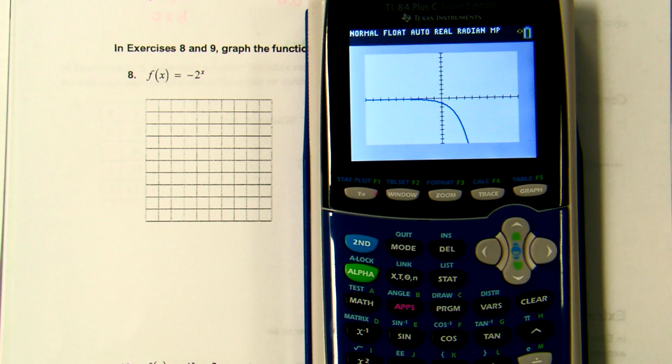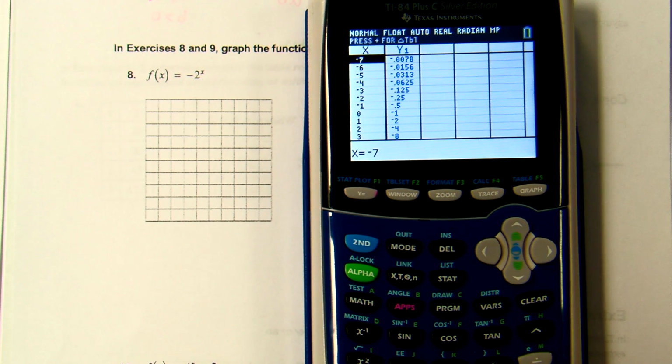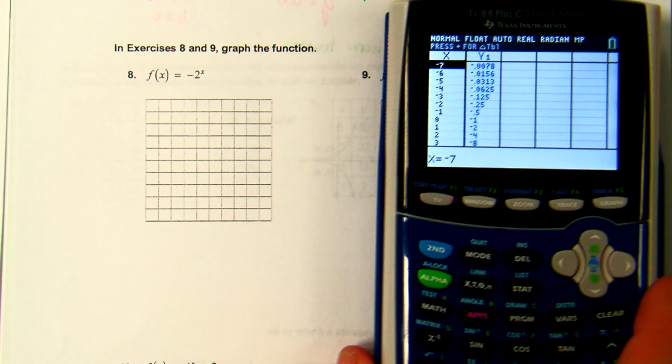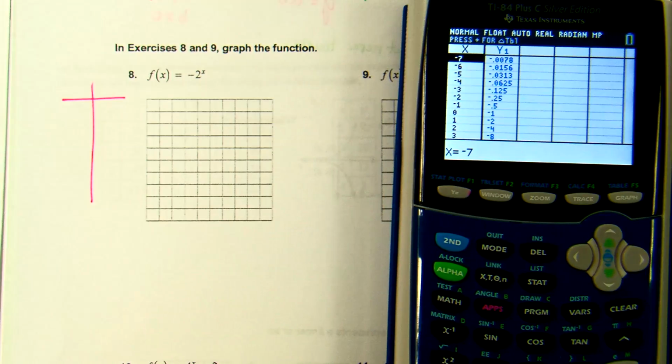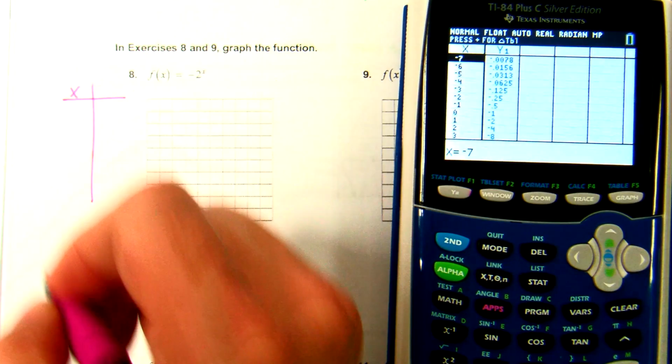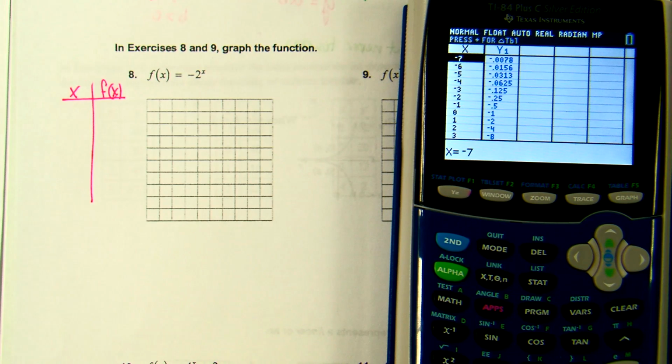But more importantly, what we can do now is go to second graph, and it gives us table values. And I want you to actually create a table on the side of your graph here. You're going to have your x and your y value or your f of x value. It doesn't matter, they're the same thing. Just pick about 3 or 4 values and plot those points on the graph.